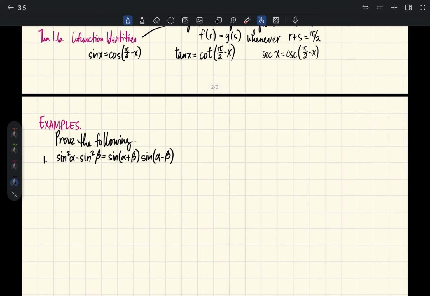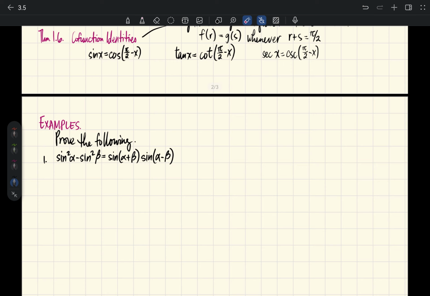So if you will recall from our past discussions, you can start from either side. So you can start here or you can start here. And usually, what you choose is the one that looks a bit more complicated.